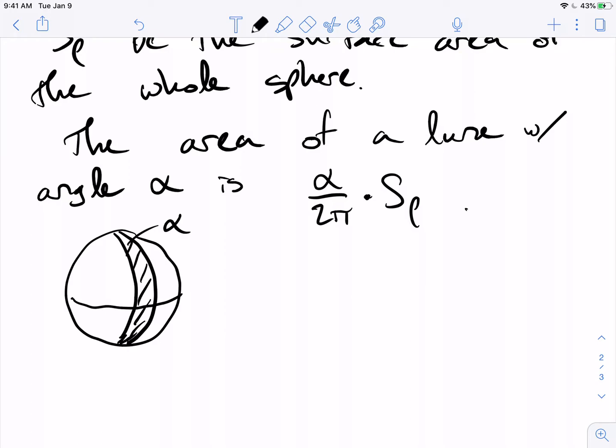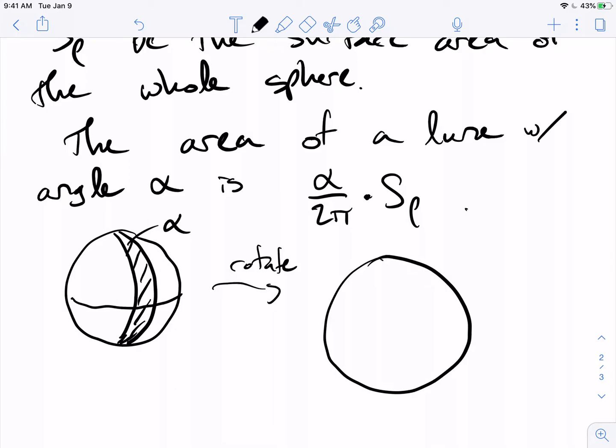I can rotate this sphere so that I'm looking at it as if I'm directly above the North Pole. So this is the equator line. And then from this vantage point, the lune looks like that, going down past the equator. So we can't see the southern hemisphere here. But it looks like this space. Maybe I'll draw the bottom too.